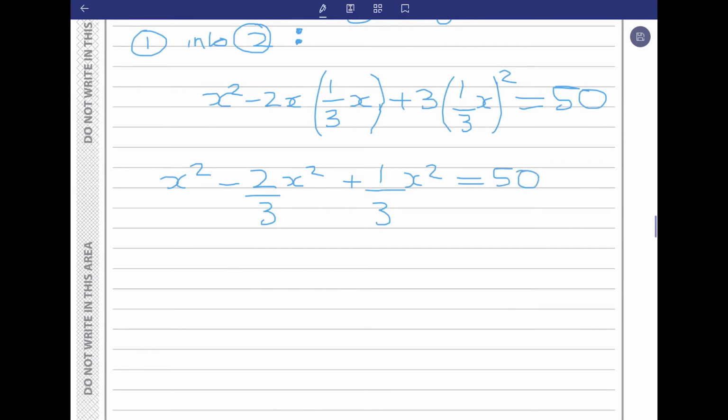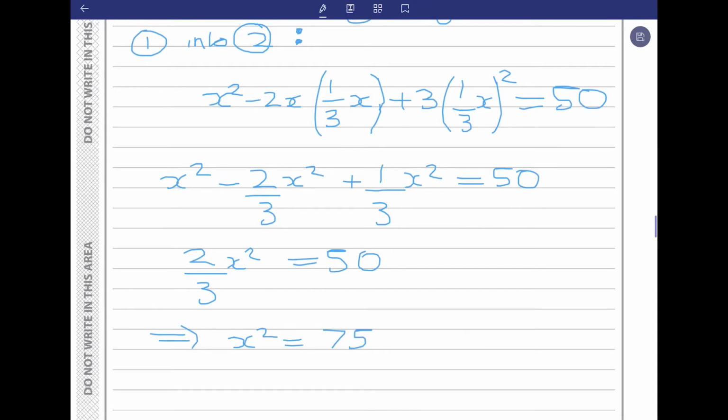Now we just got to simplify these. So x squared, we've got 1 lot of x squared taken away 2/3 of x squared plusing a third of x squared. This is going to give us 2/3 of x squared in total. And then this equals 50. We can simplify even further to get x squared equals, so you times in by 3 is 150, divided by 2 is 75.